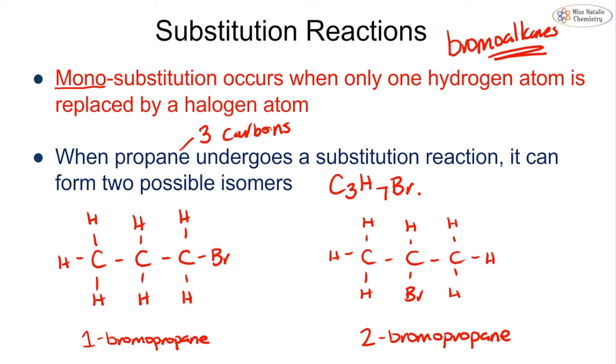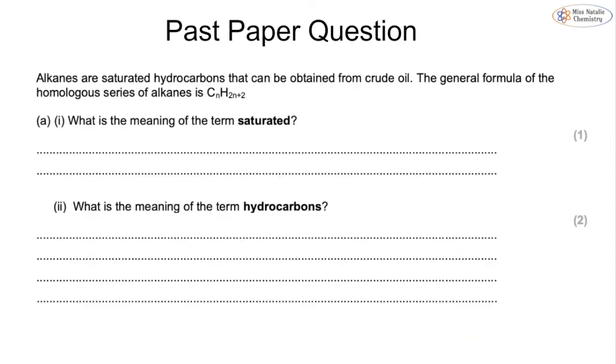So let's finish off by looking at some past paper questions. So alkanes are saturated hydrocarbons that can be obtained from crude oil, and we know that this is from fractional distillation. The general formula of the homologous series of alkanes is CnH2n plus 2. For 1 mark, what is the meaning of saturated?